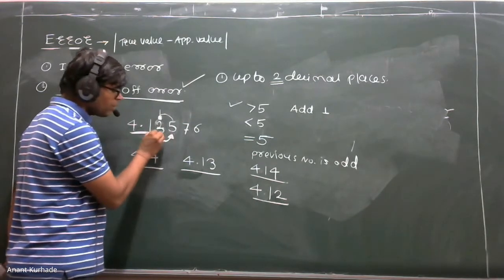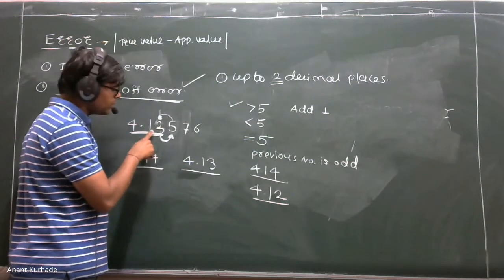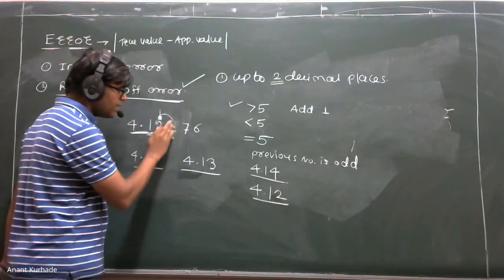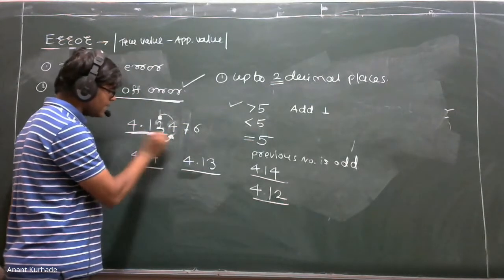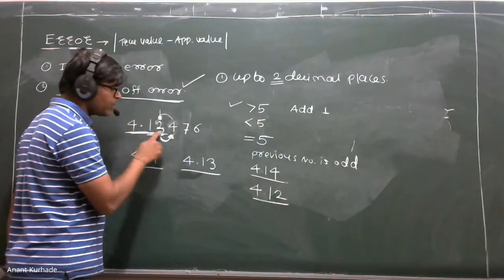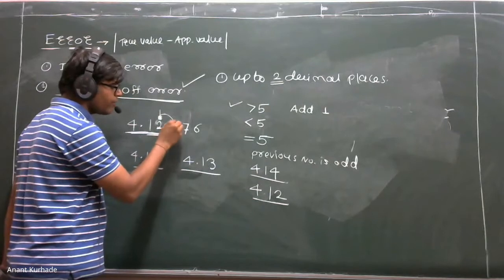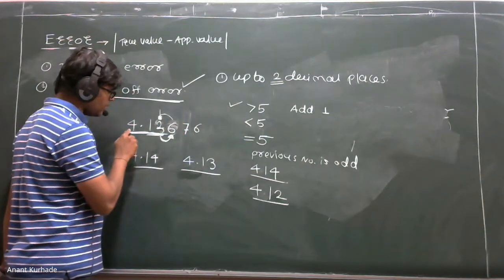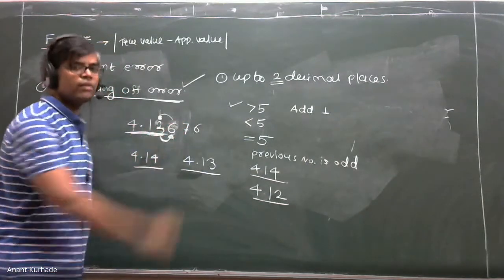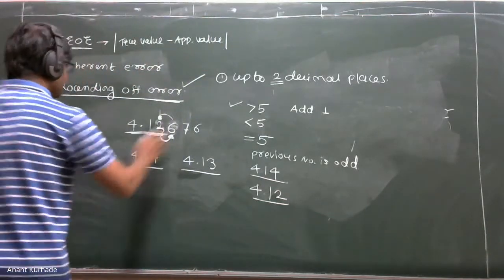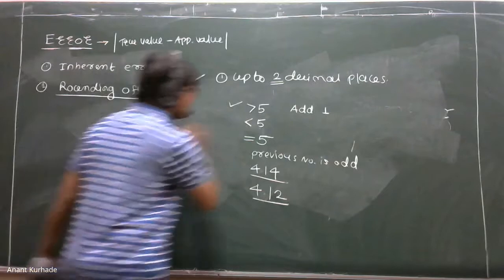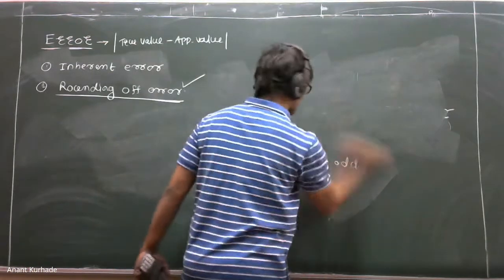If it is odd, add 1, so this will be 4.14. If the next decimal place is less than 5, don't add anything, so keep 4.13. If it is more than 5, say 6, then your answer will be 4.14. Do all of you understand this? This is very important, these rounding rules.